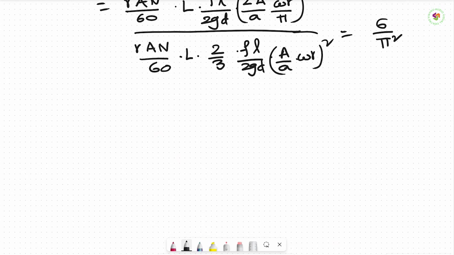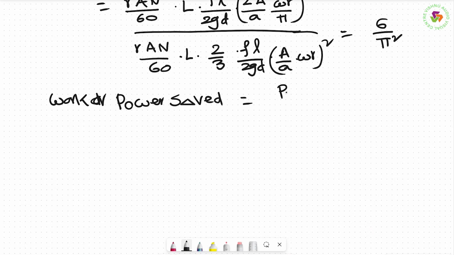Previously it was 3 by 2 pi square, now it is 6 by pi square. So what is the work or power saved? As already done, it is P1 minus P2 by P1 into 100.